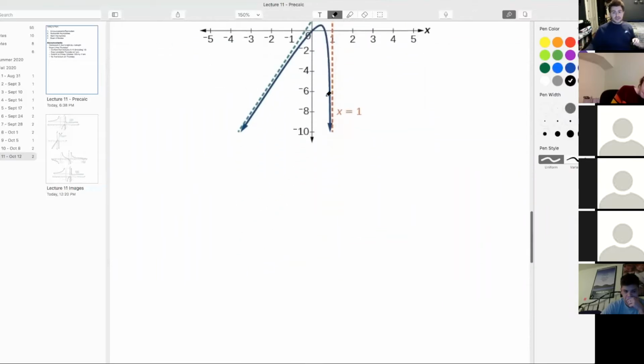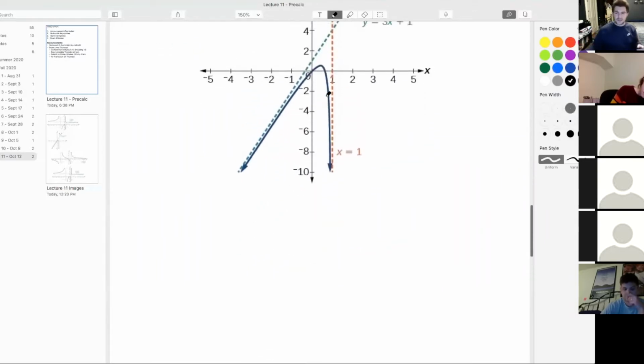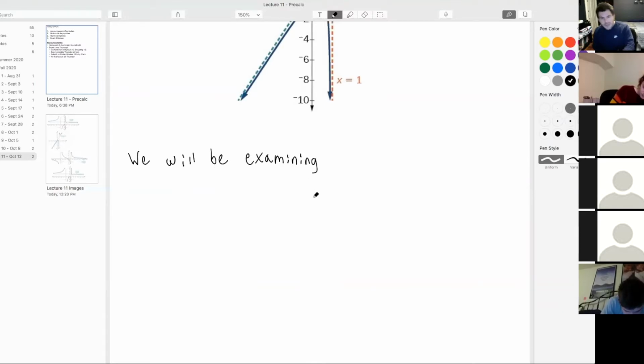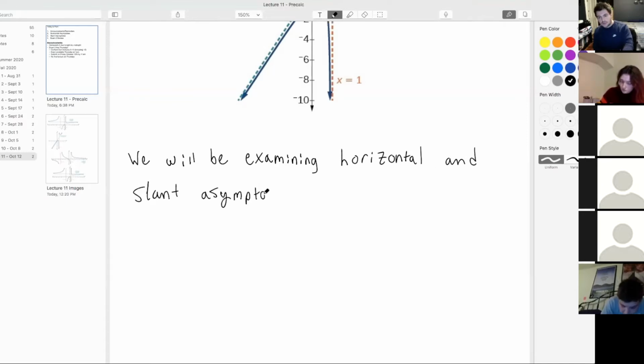So we're just going to be investigating how to find slant asymptotes and horizontal asymptotes of rational functions. All right, so what are we going to be doing today? We will be examining horizontal and slant asymptotes of rational functions.